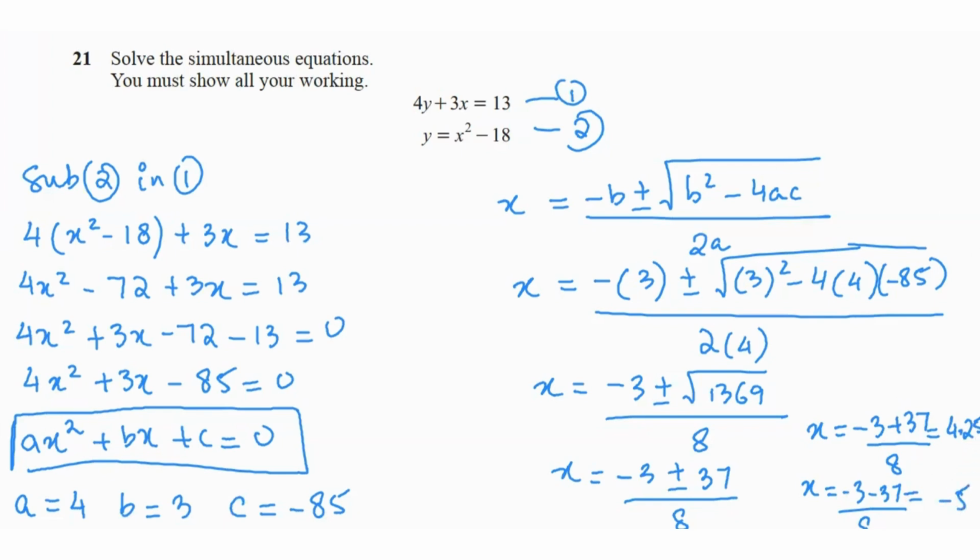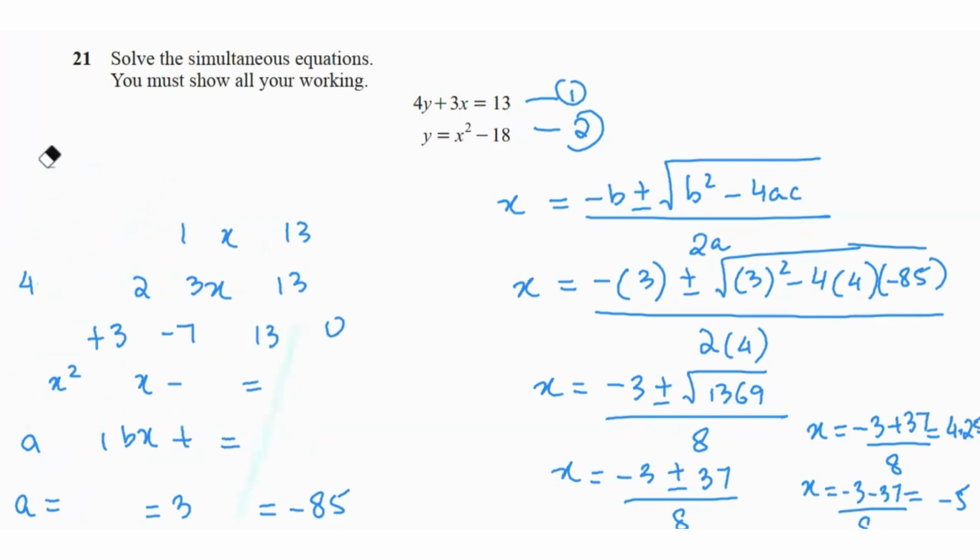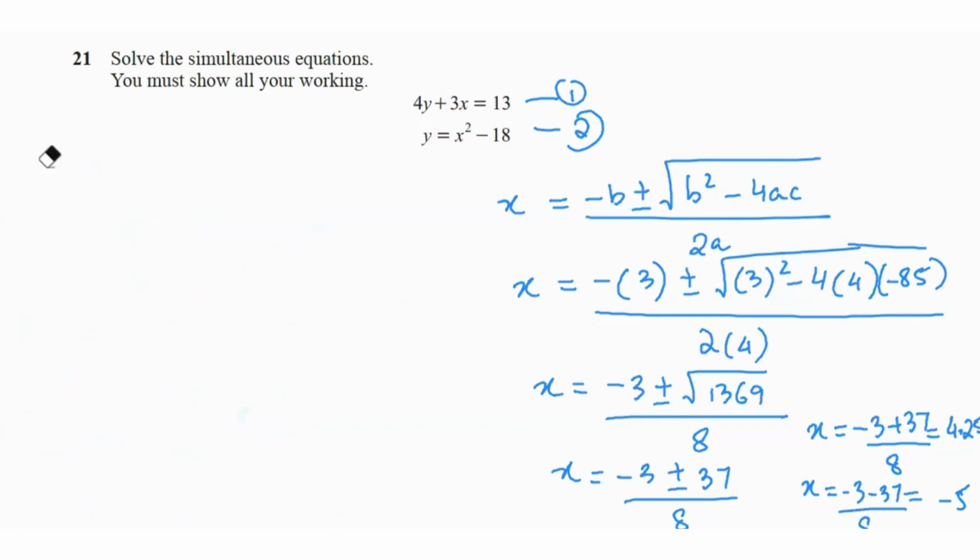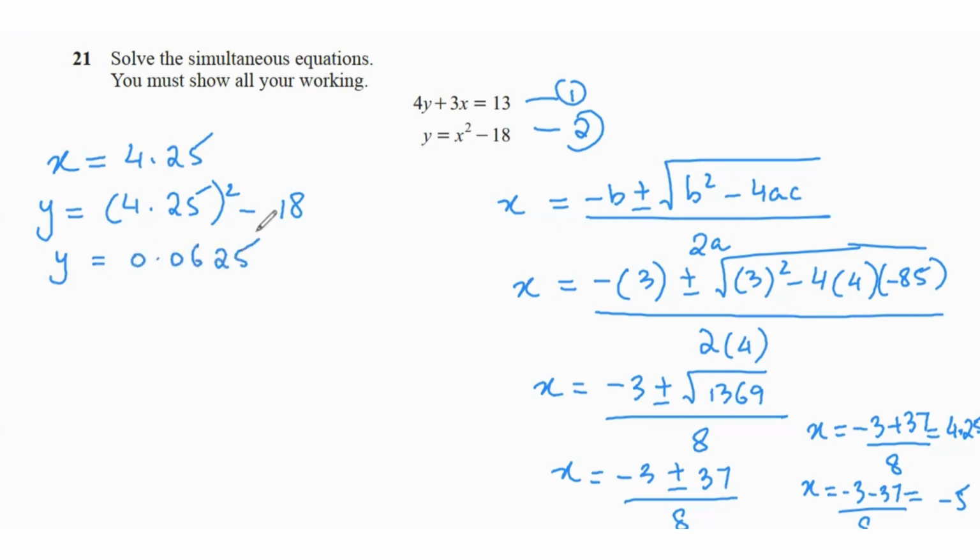Now we're going to substitute these values of x in equation 2 to get the value of y. So I'm going to erase this part. So when x is 4.25, y is going to be 4.25 squared minus 18, and that gives us 0.0625.